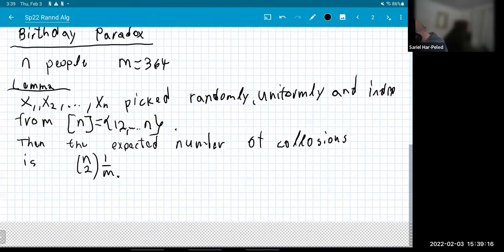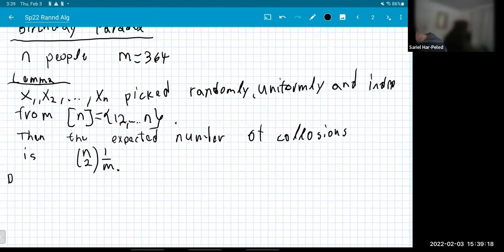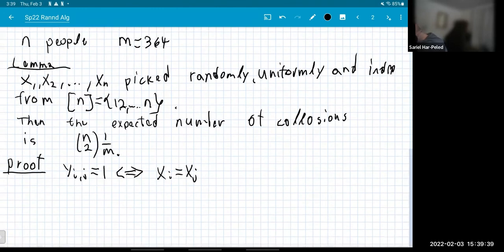So let's prove this. The proof is not very difficult. I'm going to define a variable yij, which is 1 if and only if xi is equal to xj. Now yij is of course an indicator variable.